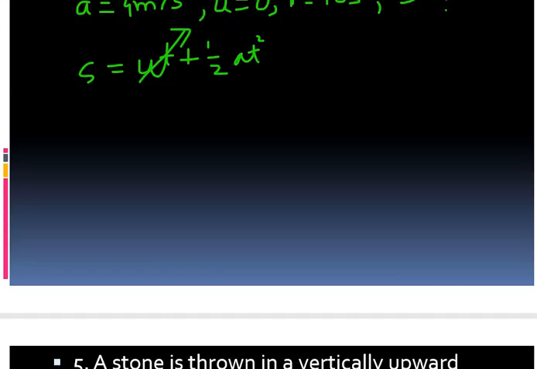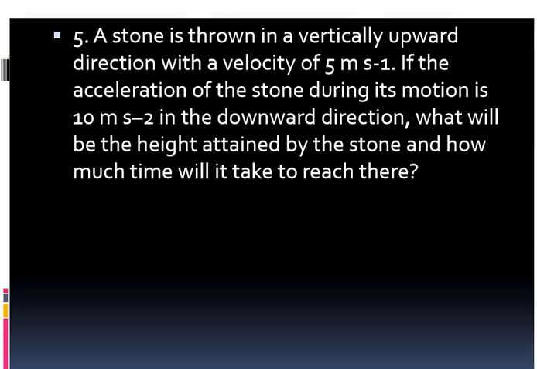Now the next question. This is question number 5. A stone is thrown in a vertically upward direction with a velocity of 5 meters per second. If the acceleration of the stone during its motion is 10 meters per second square in the downward direction, what will be the height attained by the stone and how much time will it take to reach there?